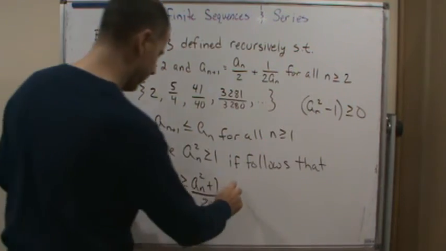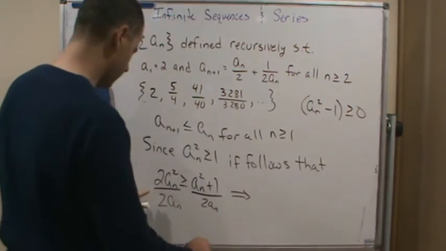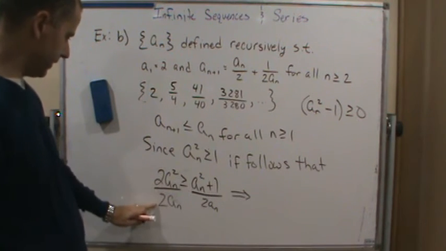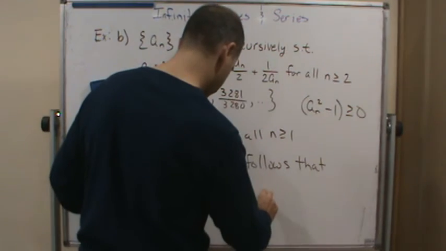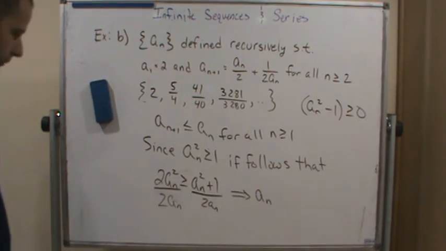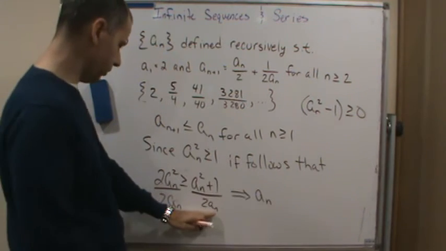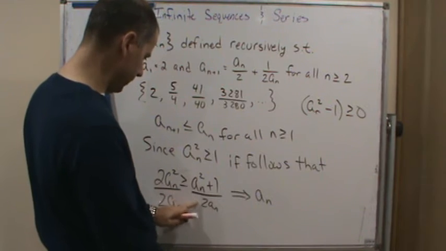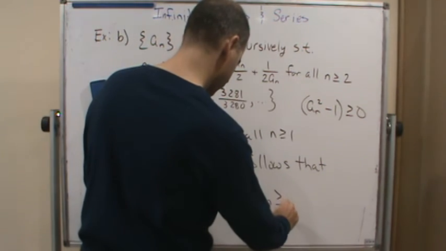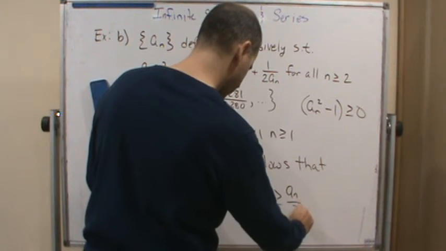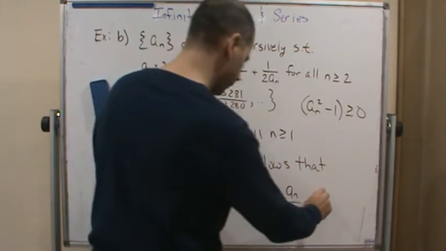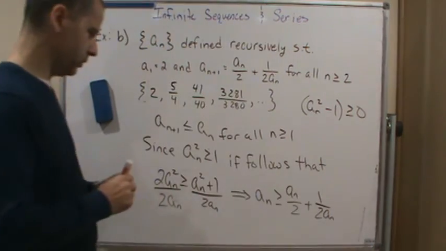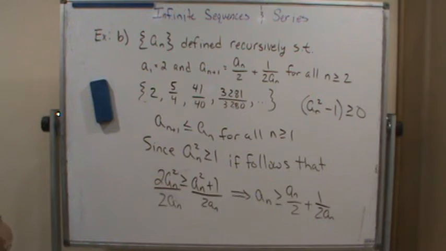Well, I think that does it. If I divide this, I get a sub n, which is what I was looking for. And over here, this becomes a sub n over 2 plus 1 over 2 times a sub n. And what is this?